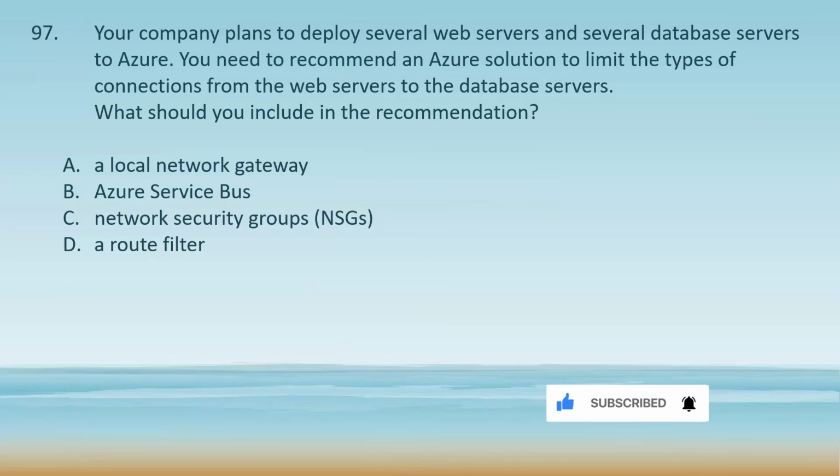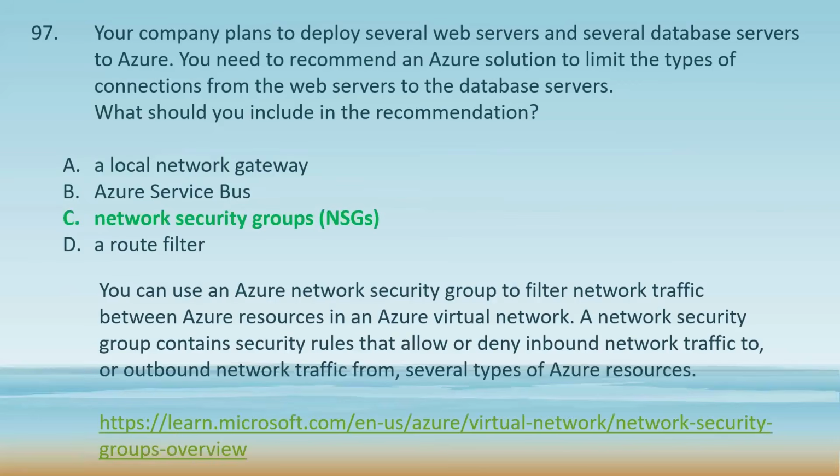So the requirement is to limit the type of connections from web layer to database layer. In a traditional on-premise environment, you would use something like a firewall to limit the connectivity. And in the case of Azure, that can be implemented by the use of network security groups.